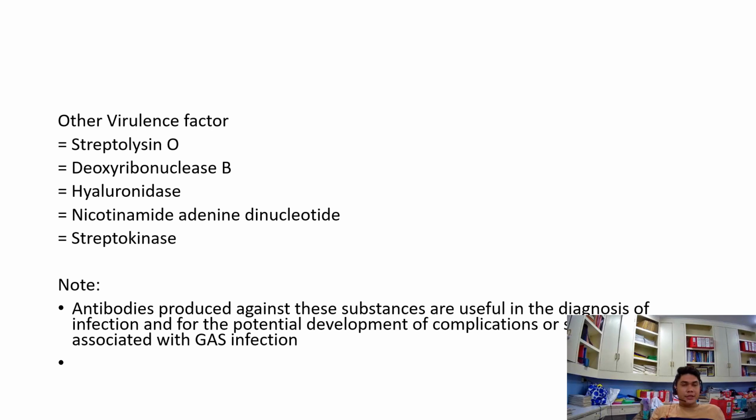So it's an emergency. S. pyo is also known as flesh-eating bacteria because of its capacity to produce hyaluronidase. Hyaluronidase is responsible for the breakdown of hyaluronic acid, so it facilitates the spread of the skin infection.